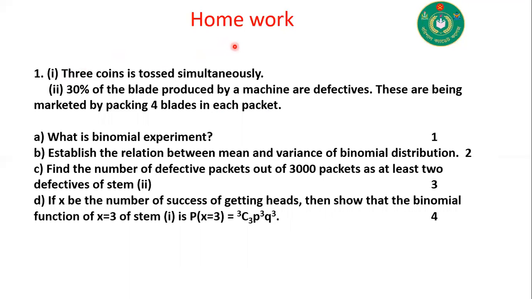Dear cadets, here is your homework. Question number 1, Roman 1, 3 coins are tossed simultaneously. Roman 2, 30% of the blades produced by a machine are defective. These are being marketed by packeting 4 blades in each packet.